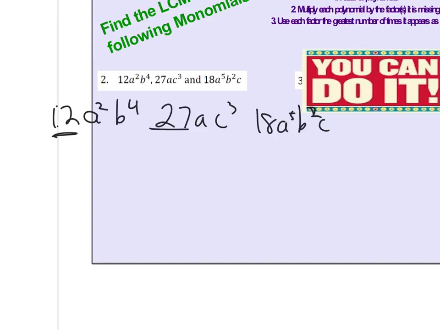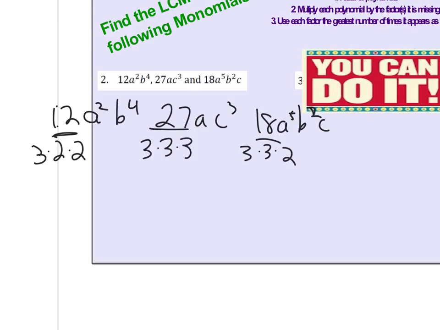So if I think about the numbers, 12, 27, 18. If I look at this, 12 is 3, 2, 2. 27 will be 3, 3, 3. 18 will be 3, 3, 2.